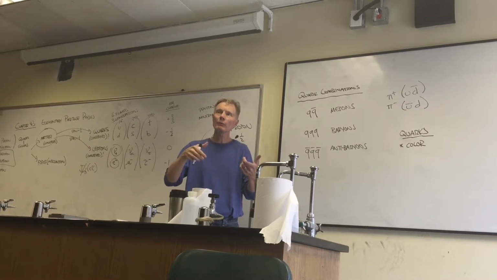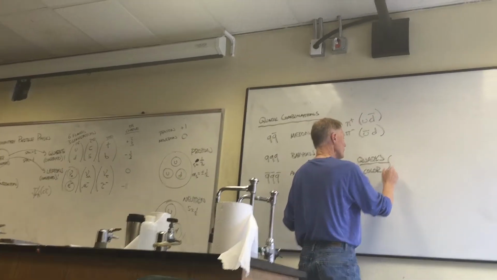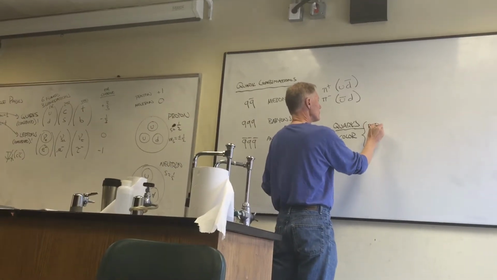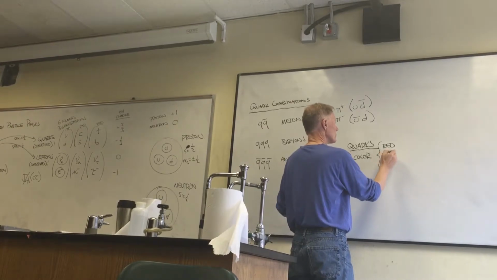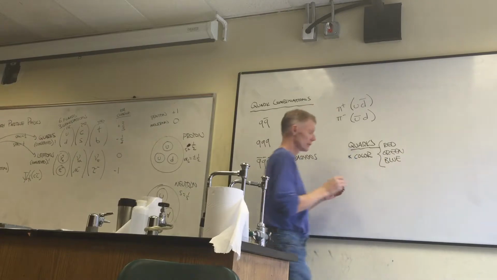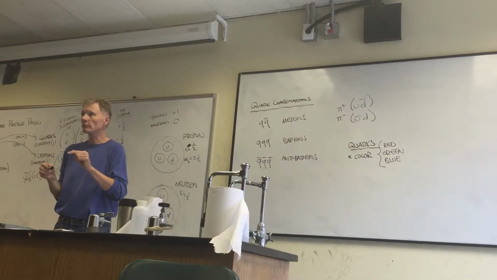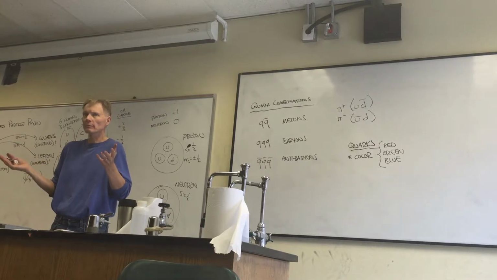This property, we're going to make up a name for it, we'll call it color. And the idea was there are 3 different quantum states for color. Each quark can either be in the red state, or the green state, or the blue state. We're just making up names for this, right?